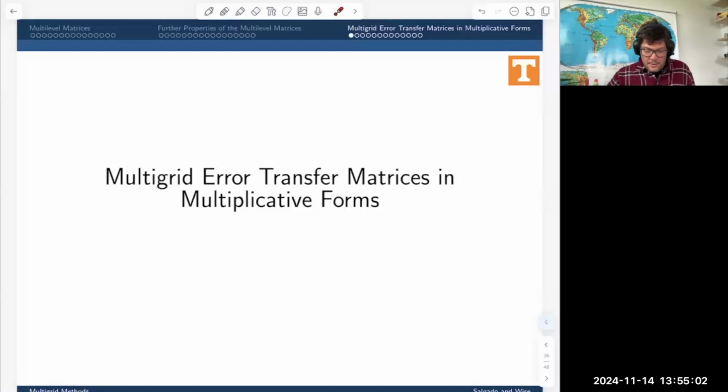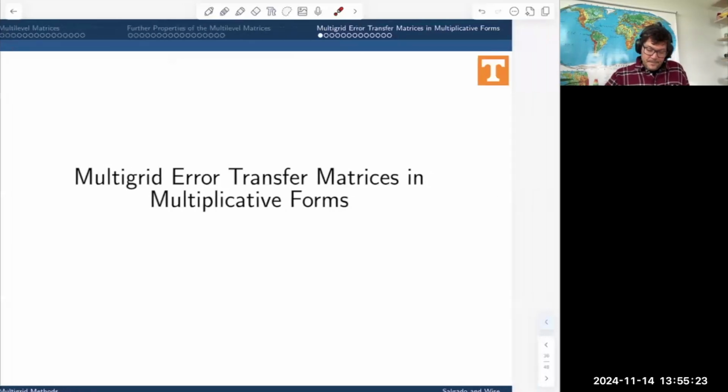The idea here is to use all that we learned in this section, with all of these complicated lemmas and formulas, to say something nice about the error transfer matrices that we commonly find in these multigrid methods.